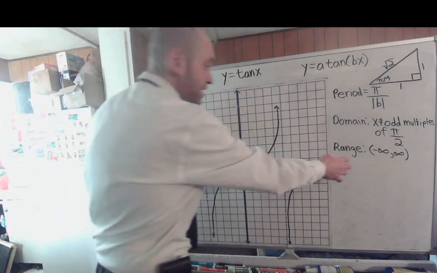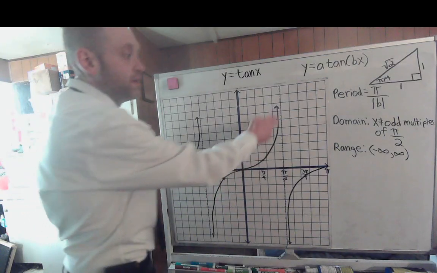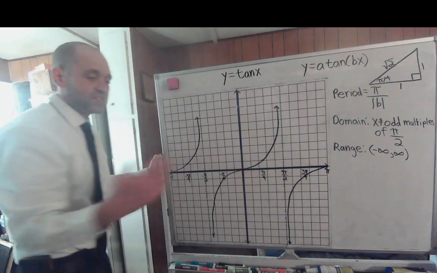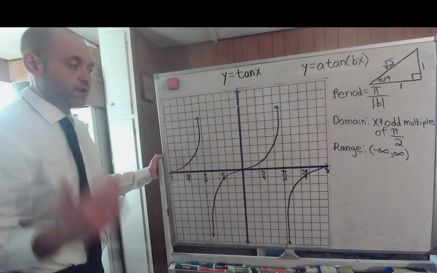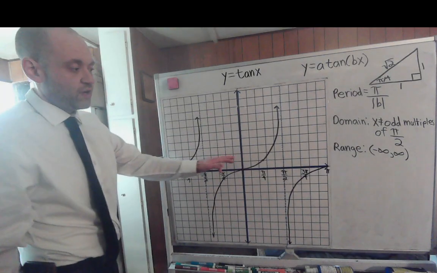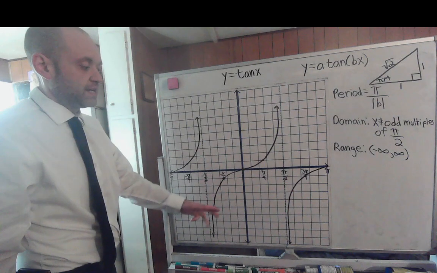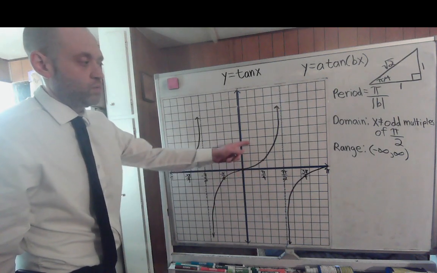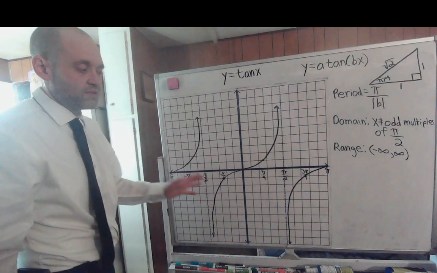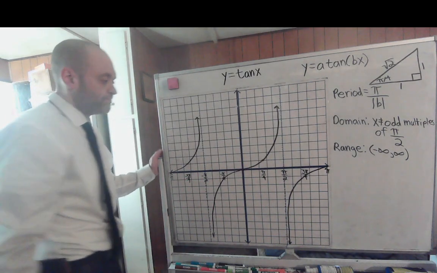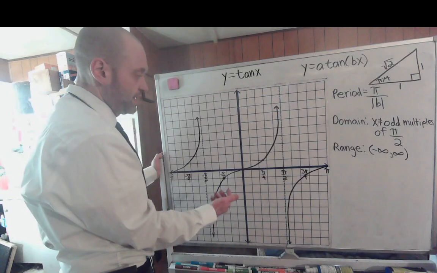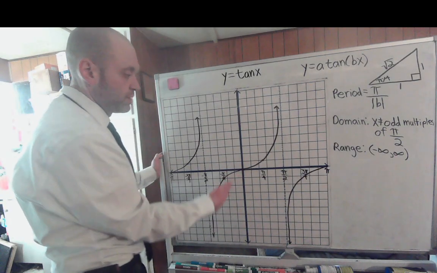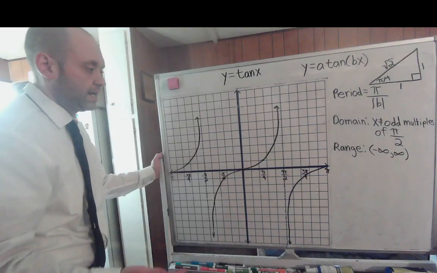And then your range, you actually go from negative infinity to infinity. You have the set of all real numbers for your range. And looking at this graph, it really looks a lot like the cube function, y equals x to the third. It looks almost identical to that, but of course it's different. It's not y equals x to the third, but it looks a lot like it graphically.